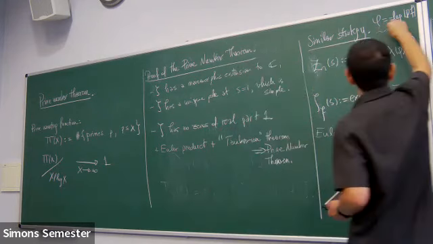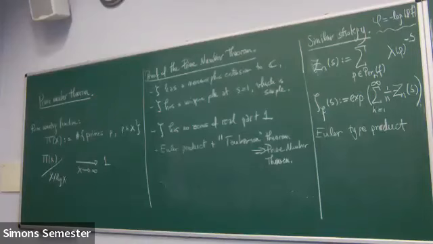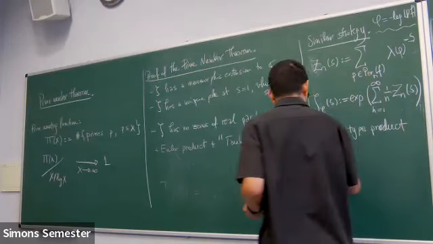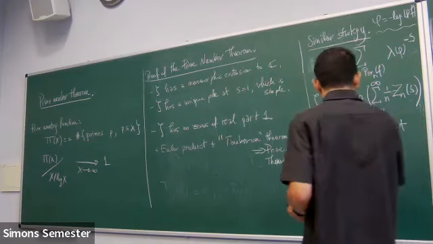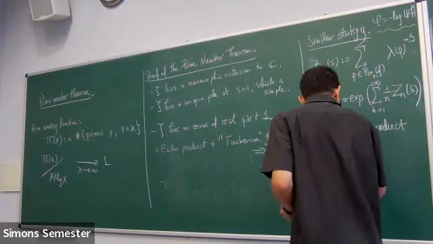For this potential it reads as follows: the Ruelle zeta function is equal to the product over periodic orbits.